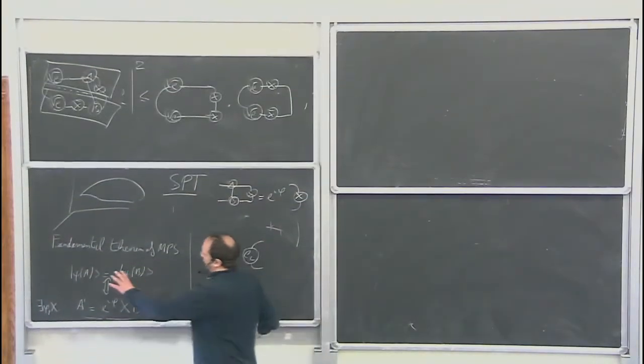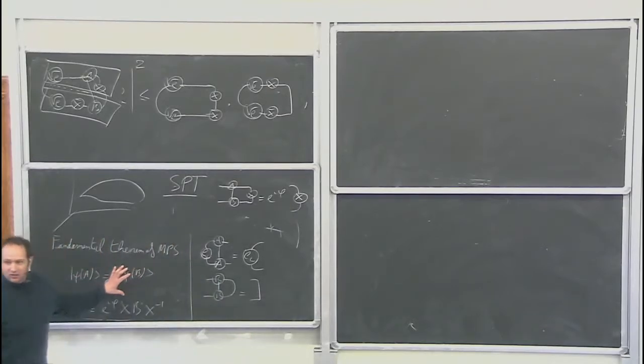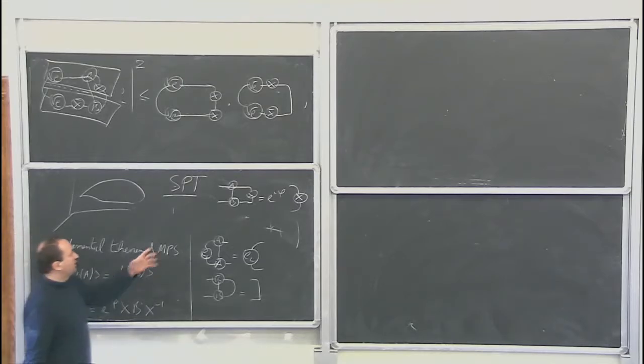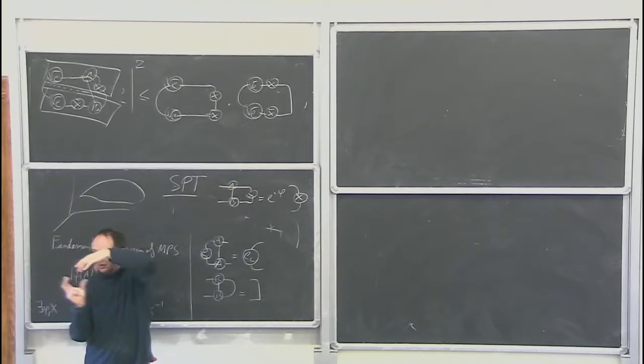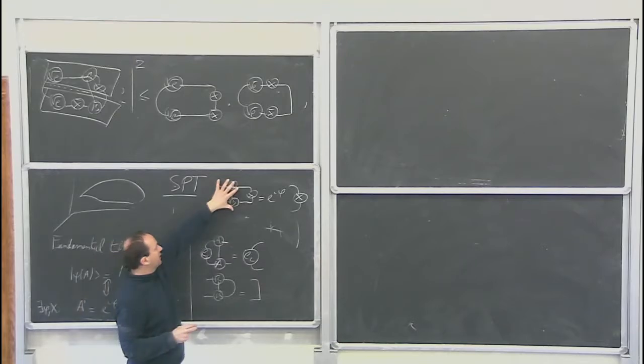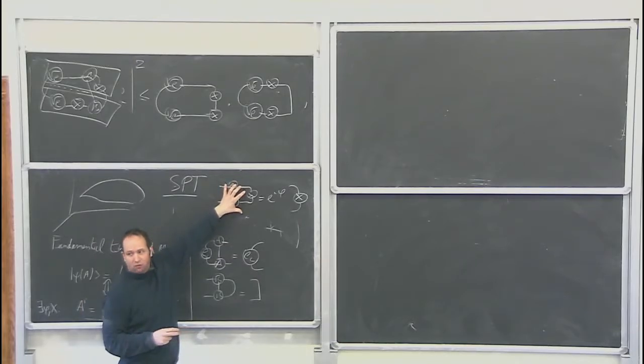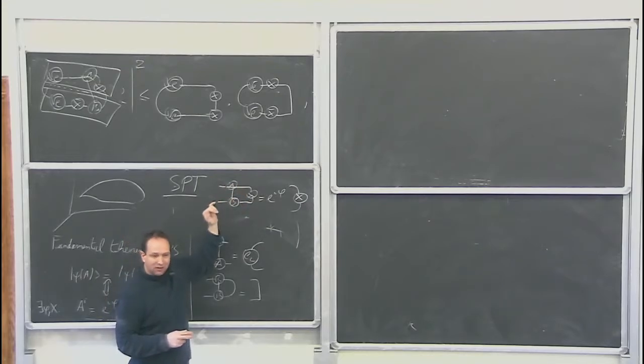So if these two MPSs are equal to each other, that means that their overlap must be 1 up to a phase. And that's only possible if this transfer matrix, when you have an A and a B on the top, because that's exactly what you get when you calculate the overlap between them, has an eigenvalue with modulus 1. And this x would be the eigenvector corresponding to that.